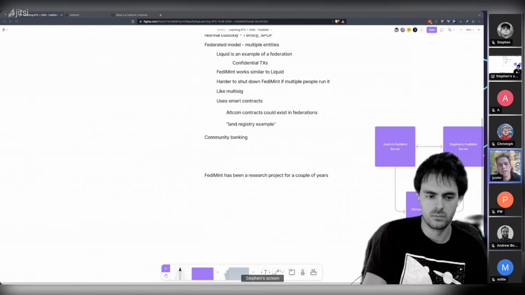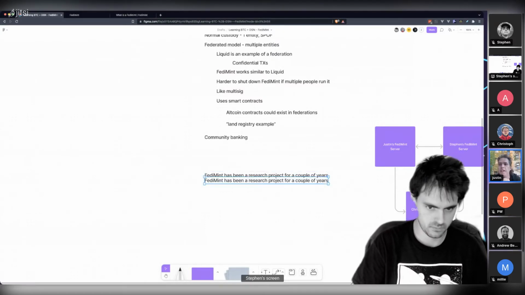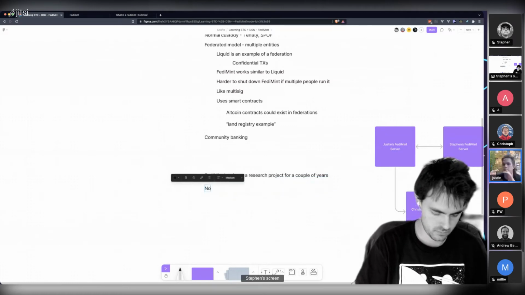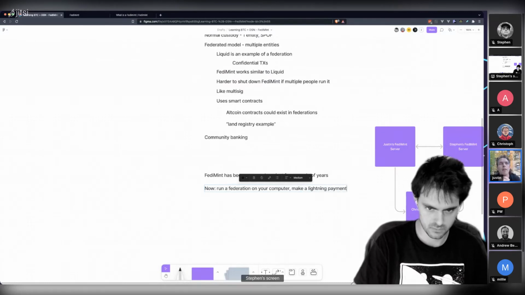You can run it on your computer, run two Lightning nodes, and do Lightning payments with it running on one computer. We have a stack of four Raspberry Pis that are our first federation. We've deployed it on them; it's still testing, but each one is running on a different server, and that works.